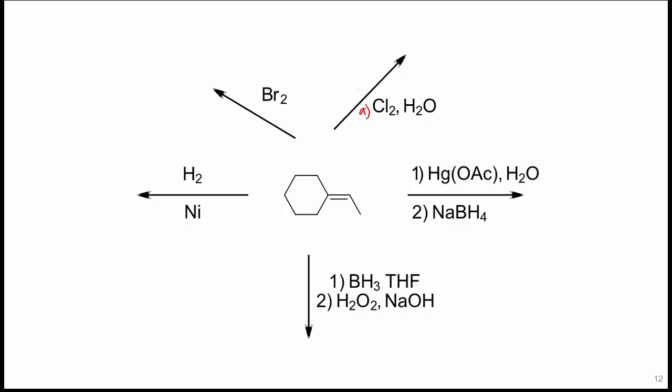So this is going to add a Cl, and it's also going to add an OH, except that our OH is going to be on the more substituted carbon. So that would give me the Markovnikov product. So the OH will go here, and that usually adds opposite direction to the halogen. So we'll have that one there.